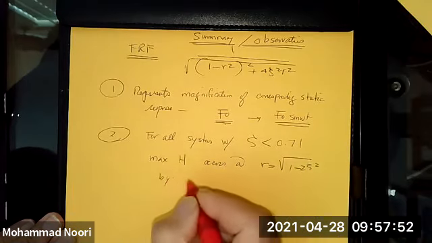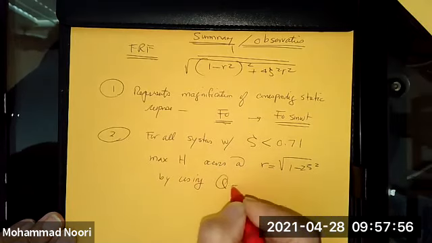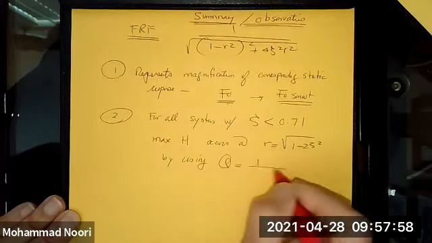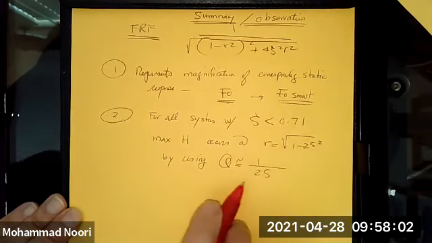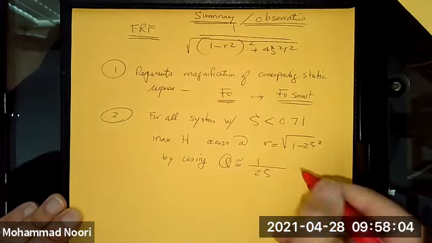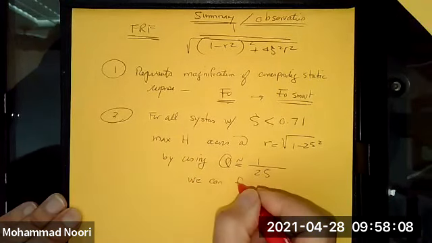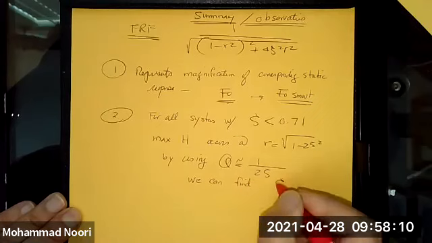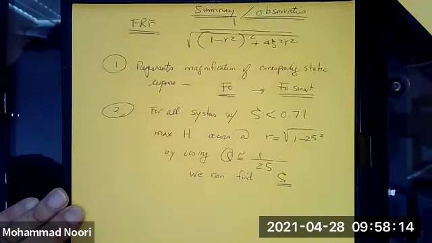And by using Q, which is the maximum value of this H function, approximately 1 over 2 zeta, we can find the damping ratio in the system by just plotting the frequency response function.